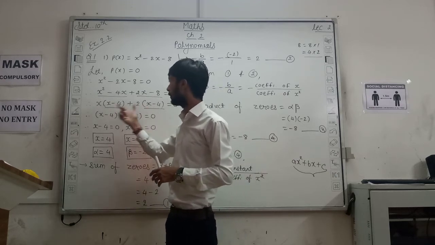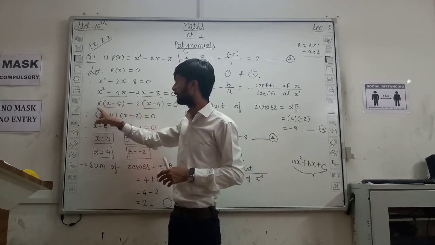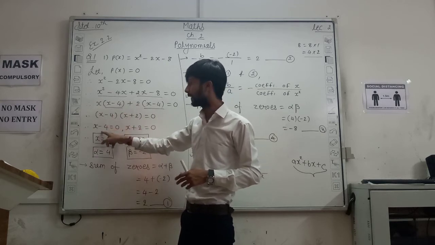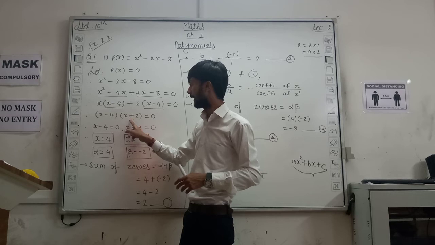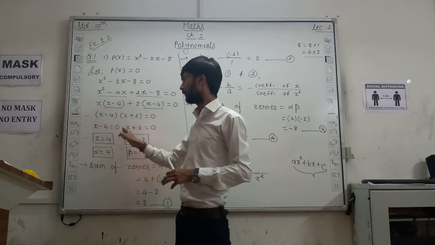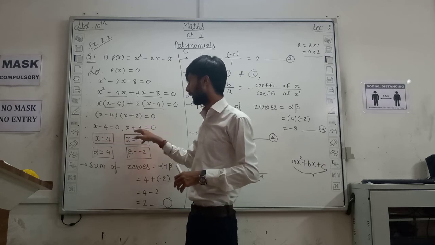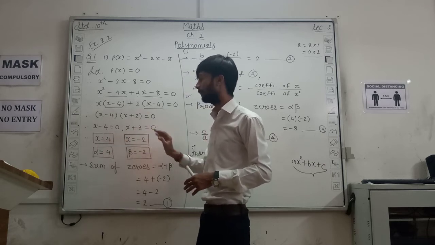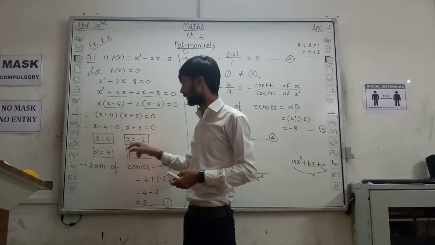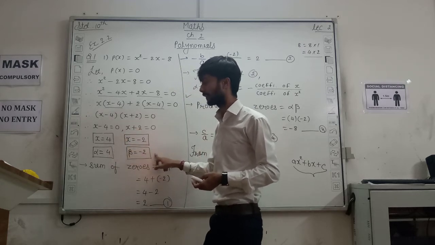So take x minus 4 common, and x plus 2 remains in the bracket, equals 0. Therefore the first bracket equals 0 and the second bracket equals 0. Taking minus 4 to the right it will be plus 4, and the other will be -2. So the first zero, alpha, is 4, and the second zero, beta, is -2.